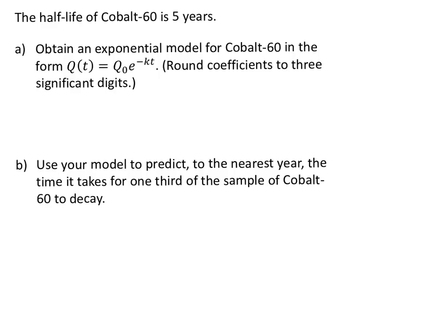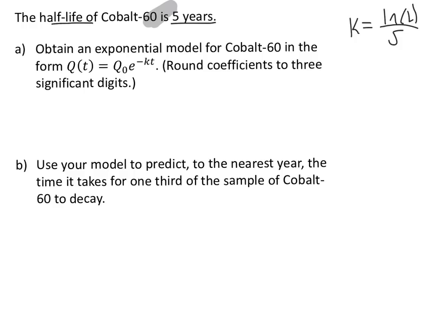The half-life of cobalt-60 is 5 years. Now it's really tempting to think that this number 60 needs to be used somewhere. Let go of that. Remember, the half-life is 5 years, and we have a formula that says the k value is equal to the natural log of 2 all divided by half-life. So in this case, natural log of 2 divided by 5.